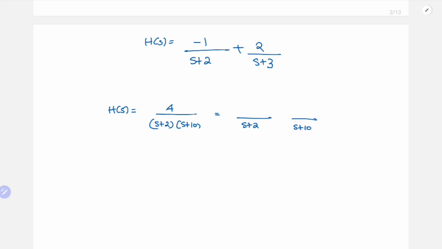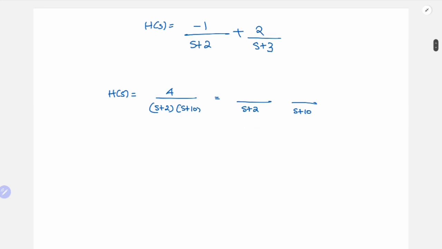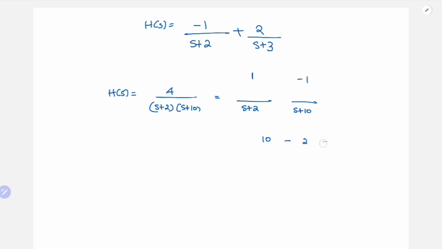I'll just explain how I am solving it that way. Now I want only the constant term here. I want to eliminate the s term when I cross multiply. So I'll just take 1 and minus 1 so that s minus s I'll get and the s term is eliminated. So now when I do it like this, what term will I end up with? I'll get 10 minus 2, so I'll end up with 8. But I want 4 here. So what I do? I just multiply with half.